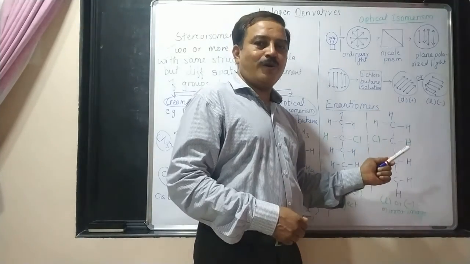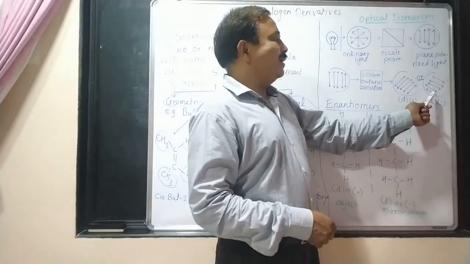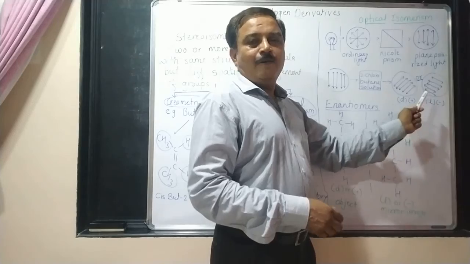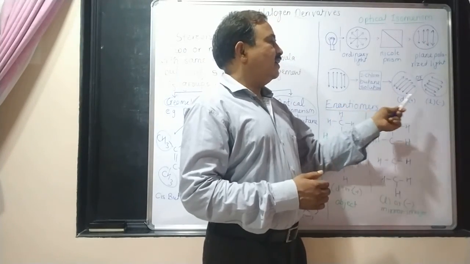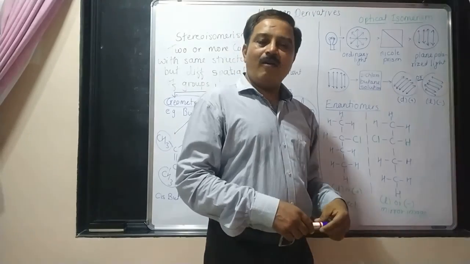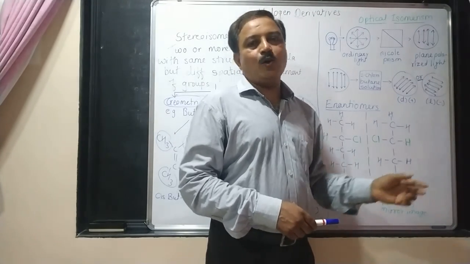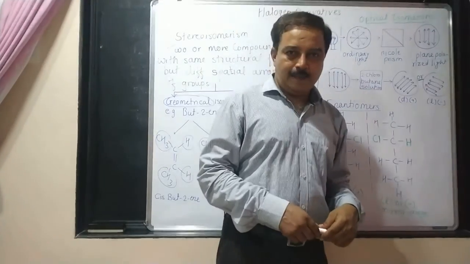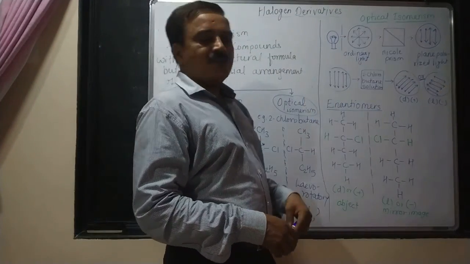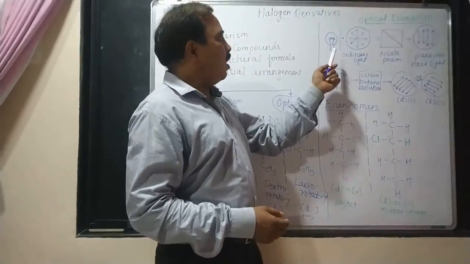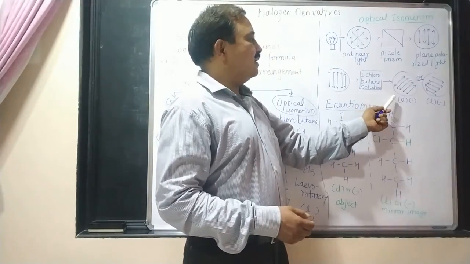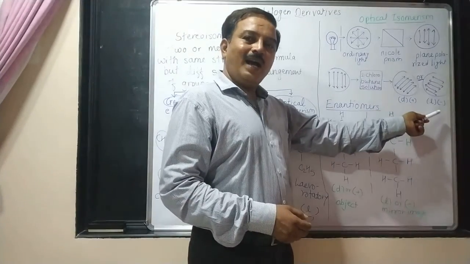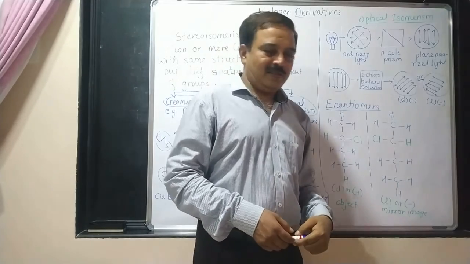A levorotatory compound is one which can rotate plane polarized light in an anti-clockwise direction, or to the left. So here we have studied a few definitions: ordinary light, plane polarized light, dextrorotatory compound, and levorotatory compound.